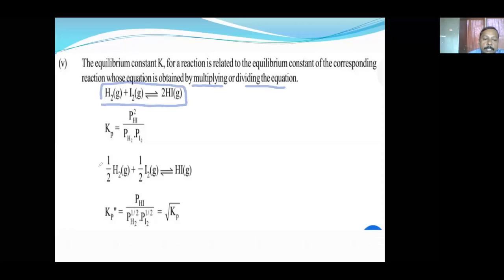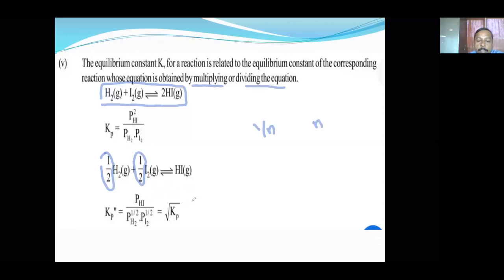Now we can say total equation is divided by 2, or multiplied by 1 by 2. Understood? Whether it is divided by 2 or divided by n, the power will be 1 by n. Multiplied by n, the power will be n.